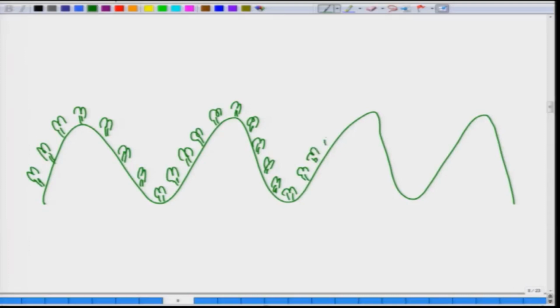So, you go for a selection forest, because in the case of a selection forest, you are only removing certain trees from the forest and you are letting the other trees remain here. So, they will stabilize the slopes.